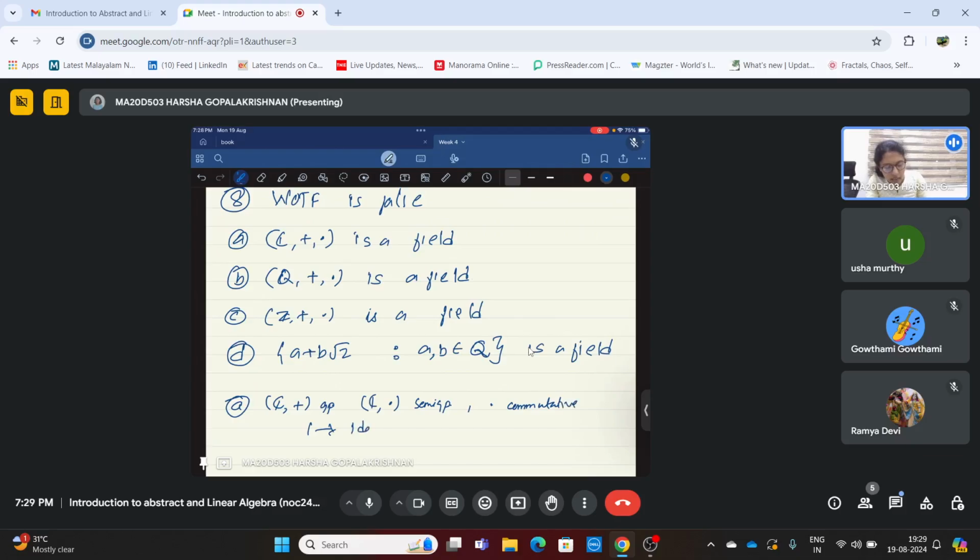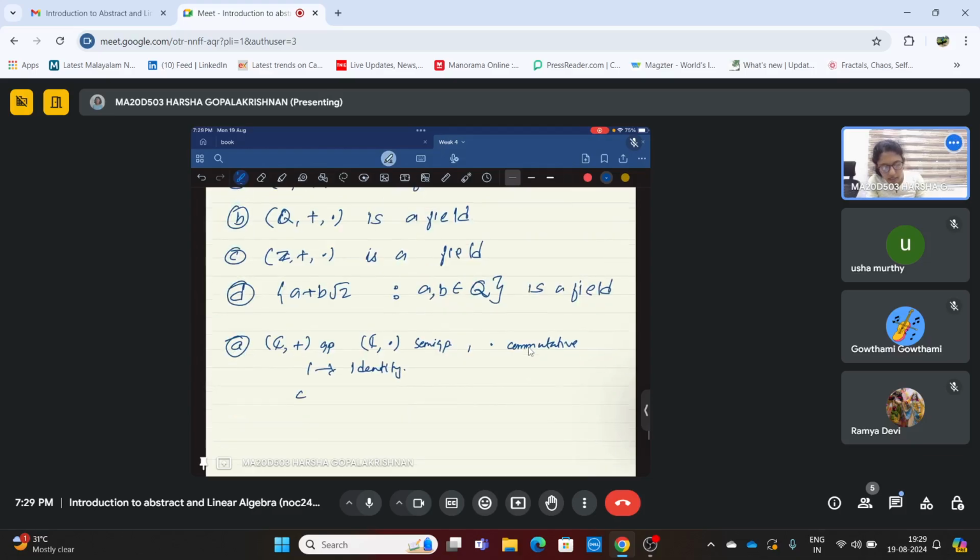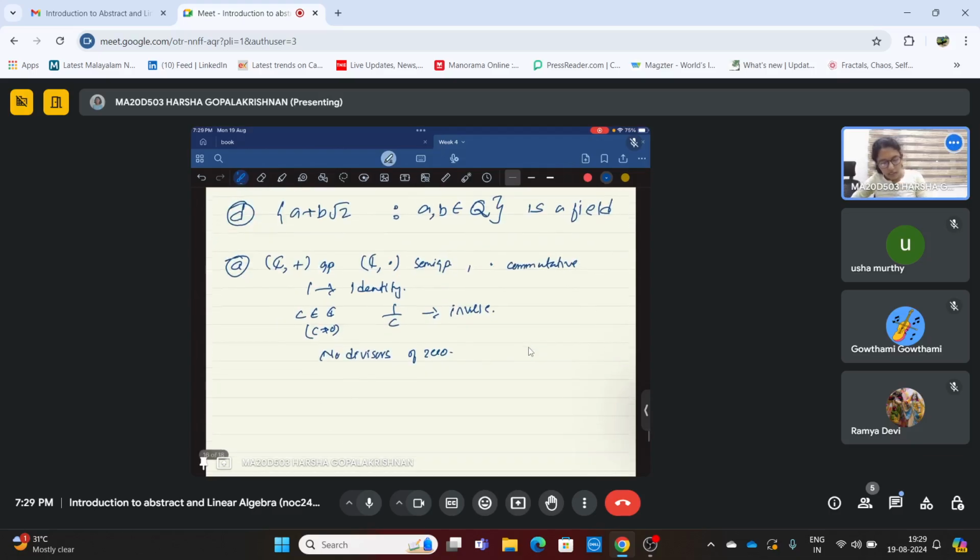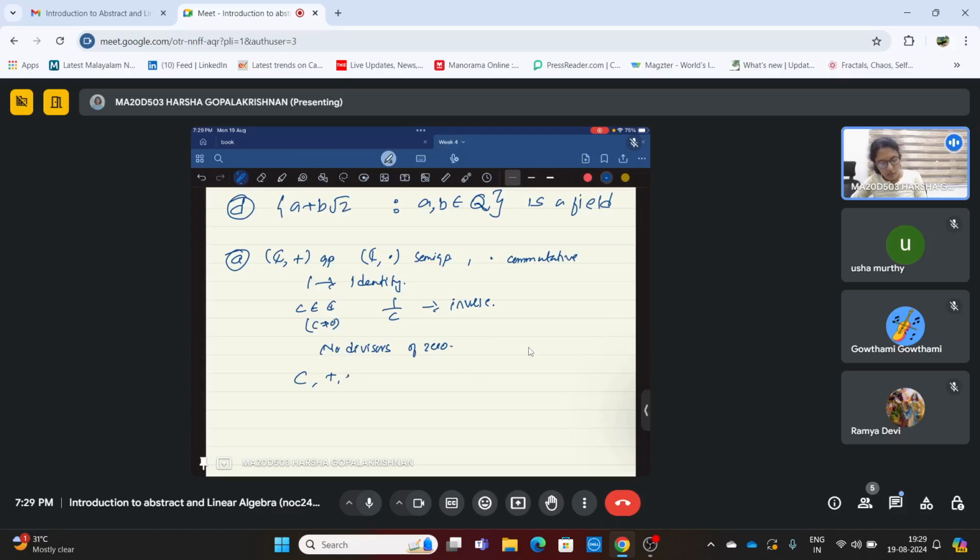And for any c in C which is non-zero, 1 by c will form the inverse under multiplication. In the same way for rational numbers also, and also no divisors of 0. That is also very easy to notice. In the same way Q plus dot is also a field, same way as C plus dot.